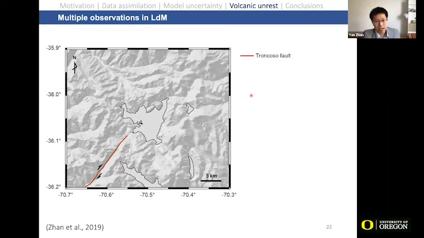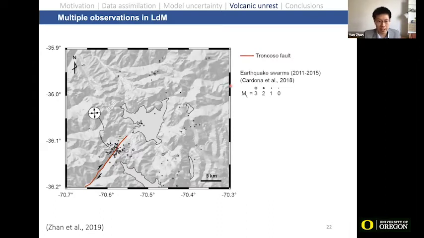So besides the geodetic data, we also can have some study on the earthquake. This is a study from Cardona showing us some earthquake swarm during the unrest.